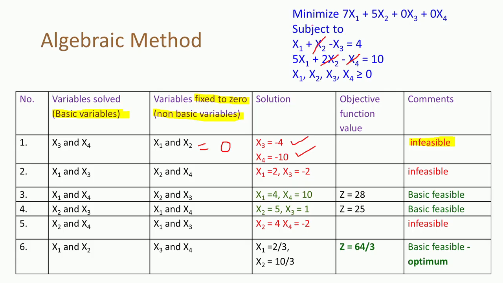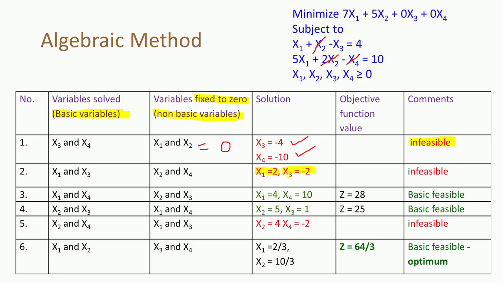So, I am going to solve x1 minus x3 equal to 4, 5x1 equal to 10. So, 5x1 equal to 10 gives me x1 equal to 2, and when I substitute x1 equal to 2, I will get x3 equal to minus 2, so that x1 minus x3 is equal to 4.